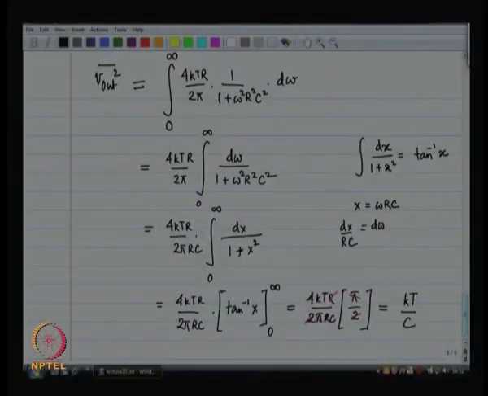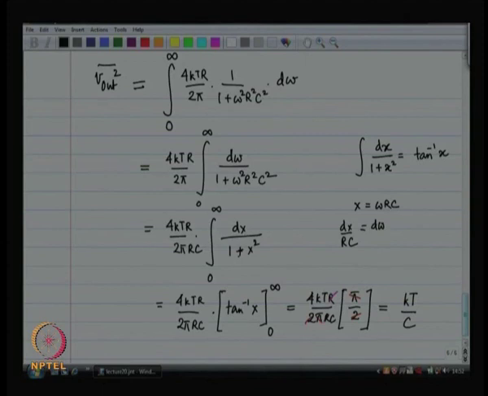At the output, I am going to see noise at all frequencies, and if I add up all the noise at all the different frequencies, that amounts to working this integral out, right. I work out this integral.